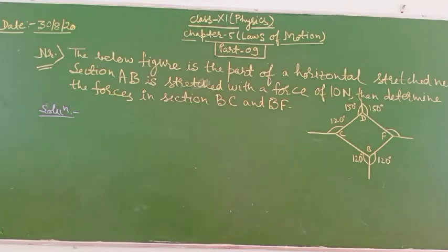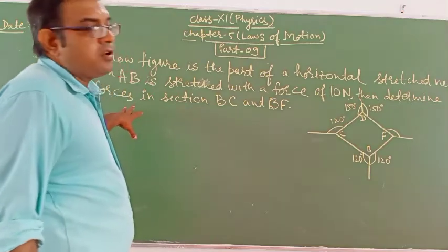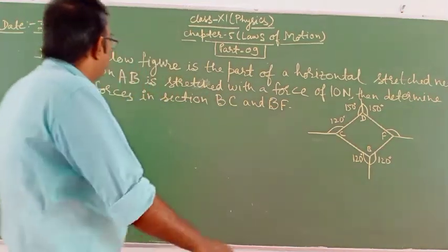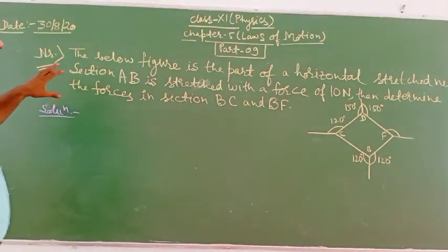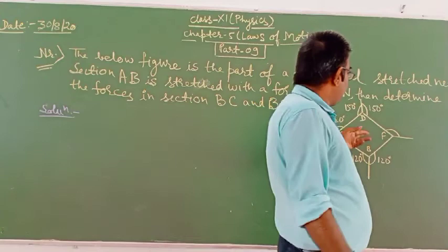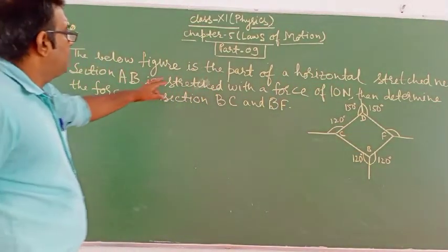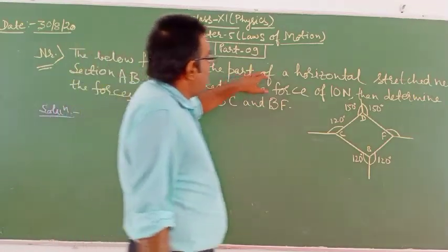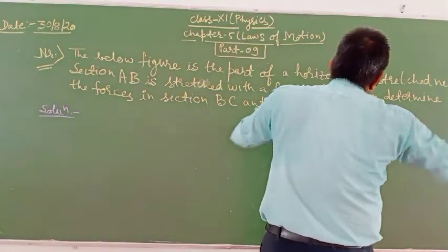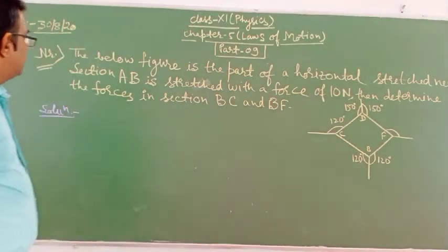Now, dear students, look at the numerical which is based on Lami's theorem, and this numerical is in front of you. What is the numerical saying? In the figure below, this is the figure given to you, which is in the form of a quadrilateral. Part of the horizontal stress net, it is just like a net. The net is stressed like this.